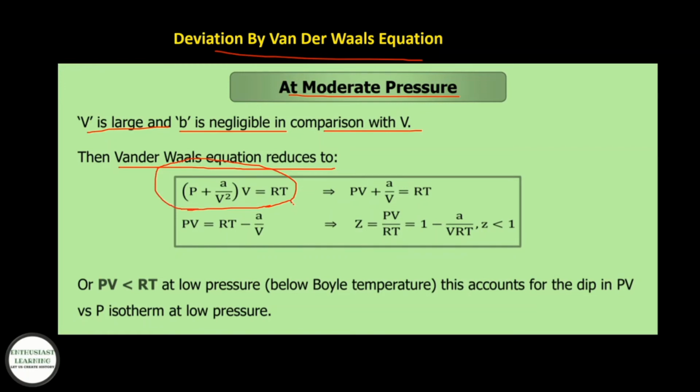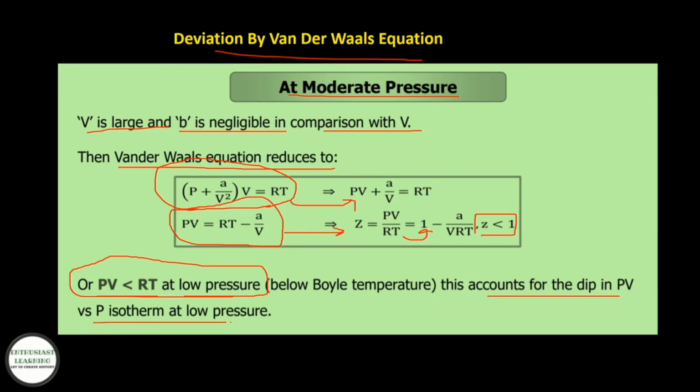This implies that PV plus A by V is equal to RT, and PV is equal to RT minus A by V. This implies that Z equals PV by RT, which equals 1 minus A by VRT, where Z is less than 1, or PV is less than RT at low pressure, below Boyle's temperature. This accounts for the dip in PV versus P isotherm at low temperature.